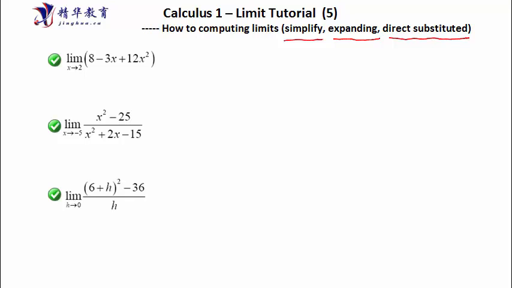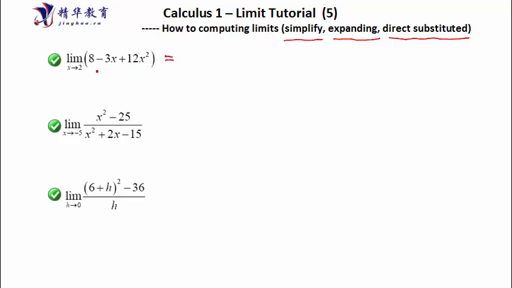We're looking for the limit as x goes to 2 of 8 minus 3x plus 12x squared. Thinking about this, x approaching 2 means x is very, very close to 2.